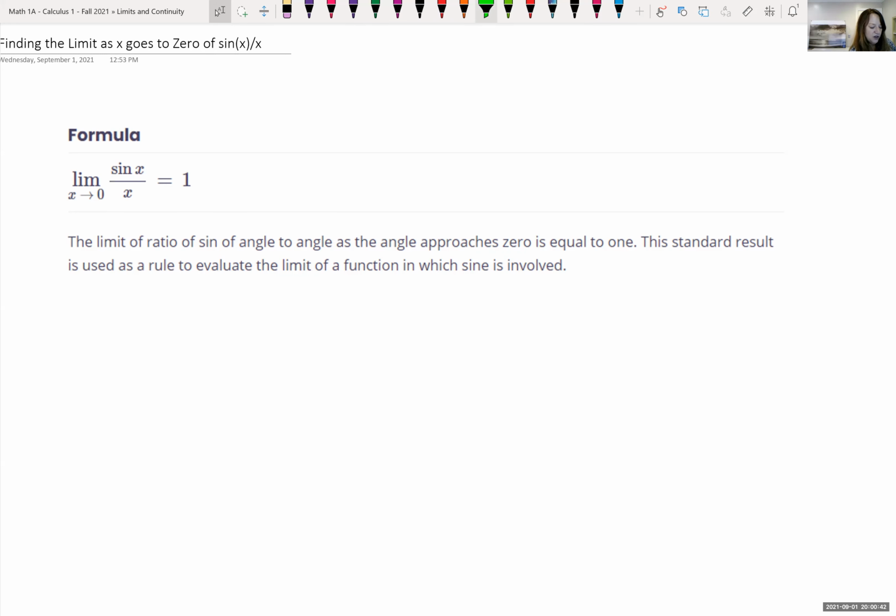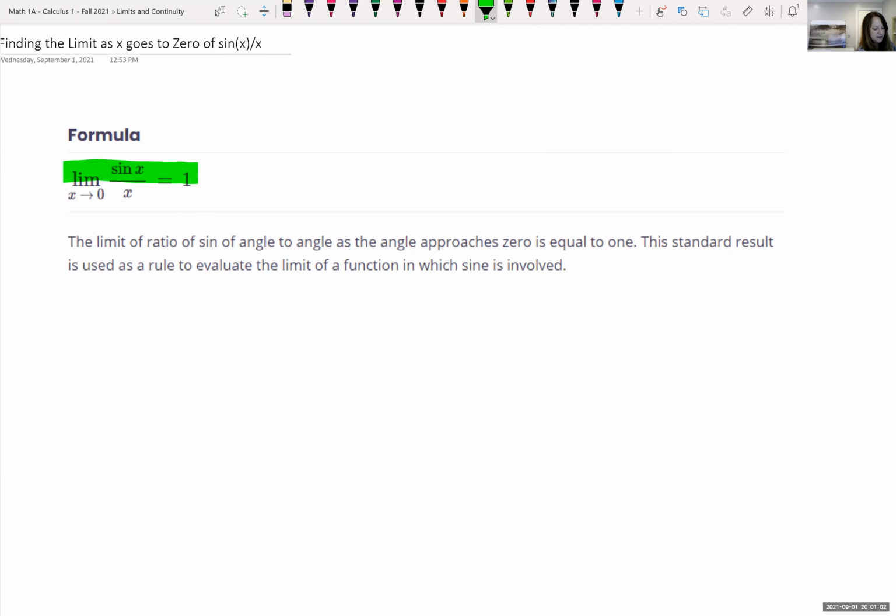So this is a formula, and last week you should have watched a video on how to prove this, and it proved it by using the sandwich theorem, or another way they call it, the squeeze theorem. So we're just going to go in with this fact that this is a true statement.